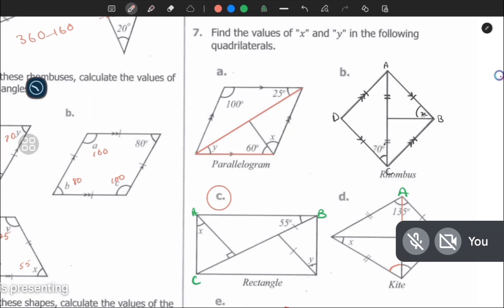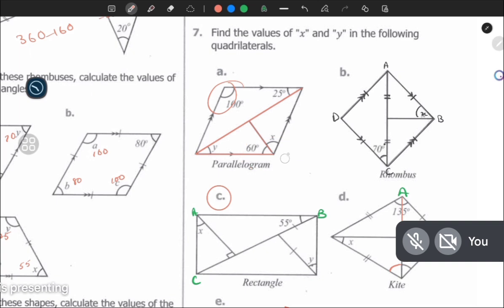And then we have this line, which for all intents and purposes, we don't know what it's doing there, right? But what we do know is that this is a parallelogram, right? So this angle is equal to this angle. Yes or no?